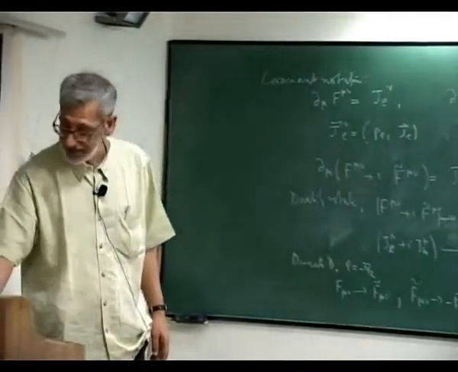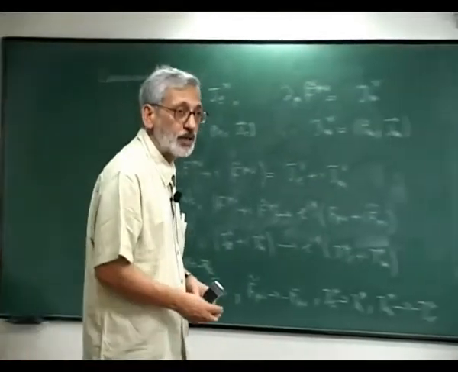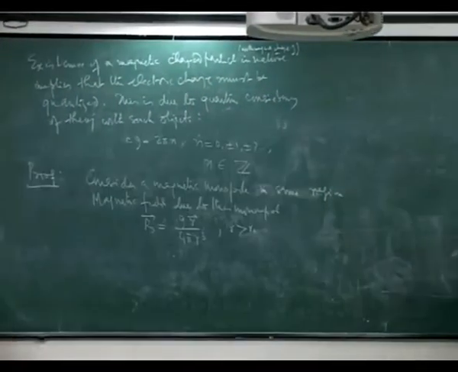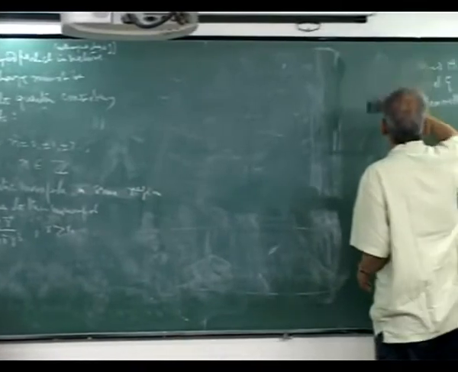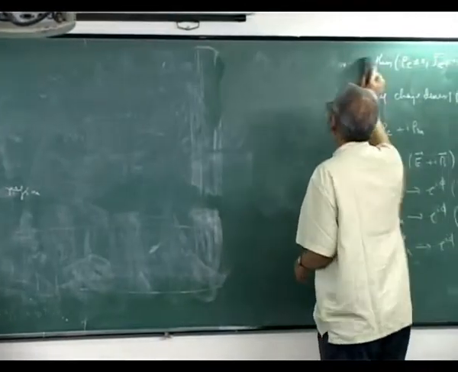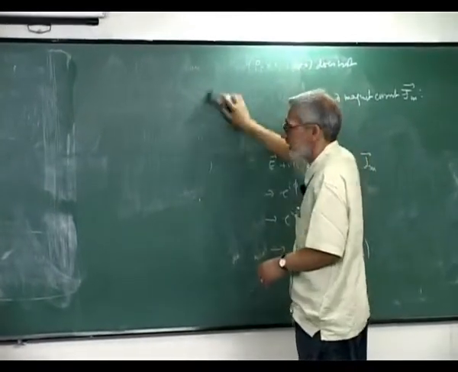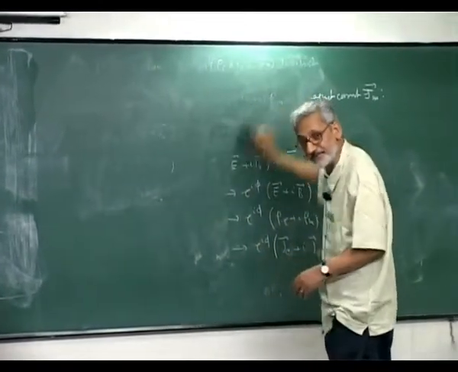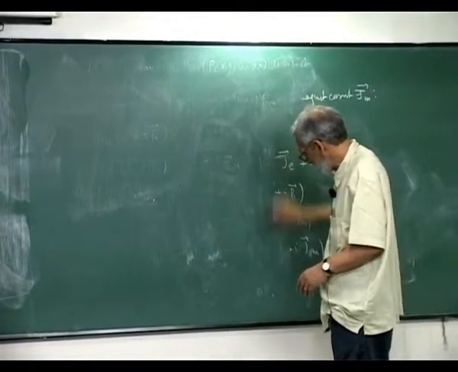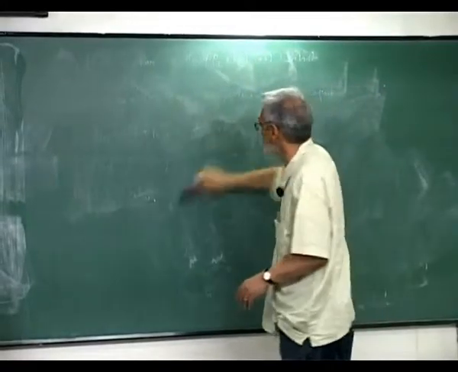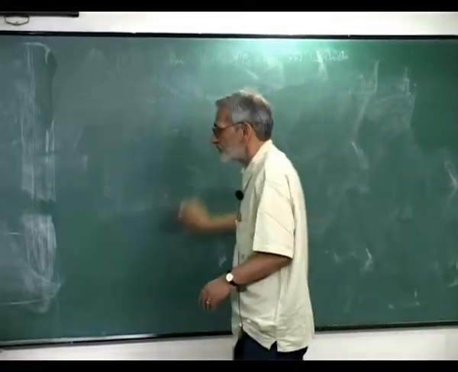Now we ask the question: this is the magnetic field of a monopole. Can I write it as the curl of a gauge potential? Because that's what the magnetic field was in Maxwell's theory.